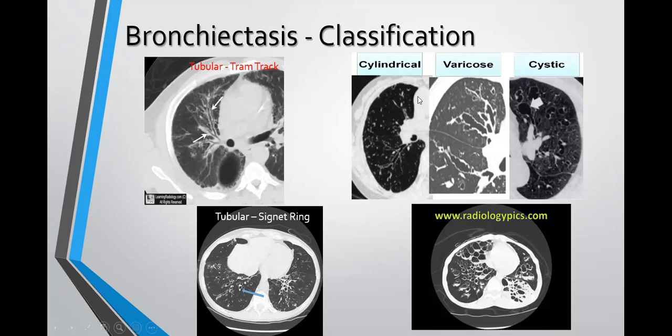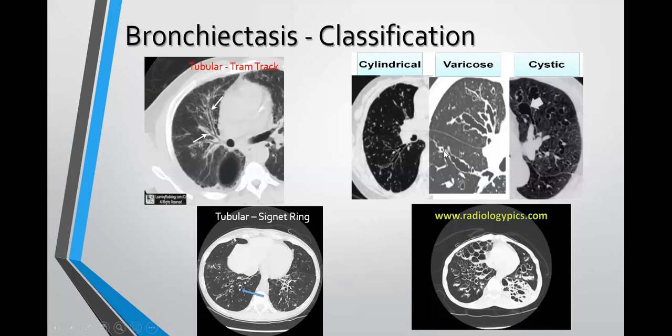That's the most mild one here. Then you look at these three. Right here you have cylindrical, which is tubular. Same thing as over here. See how it's evenly dilated all the way through? That's a way of looking at cylindrical. Look at varicose. You've got some that are small and then they get big, and then they go back to small down here.